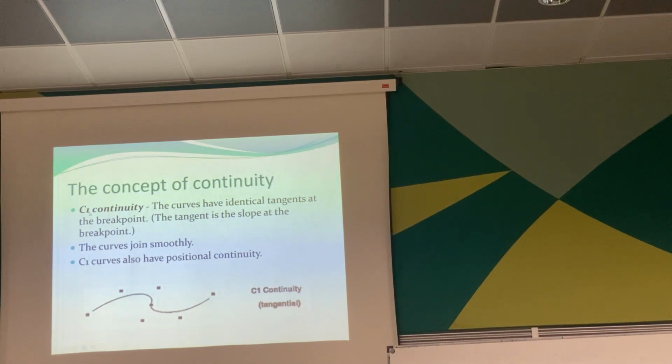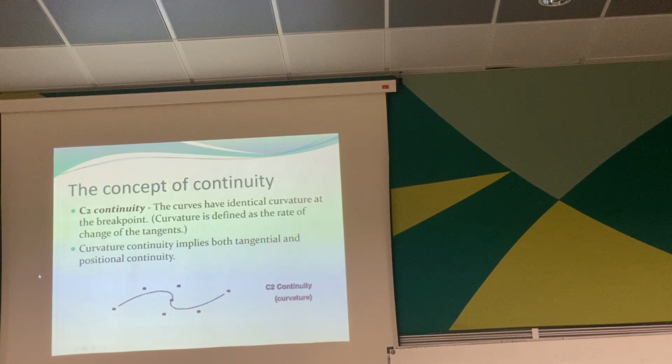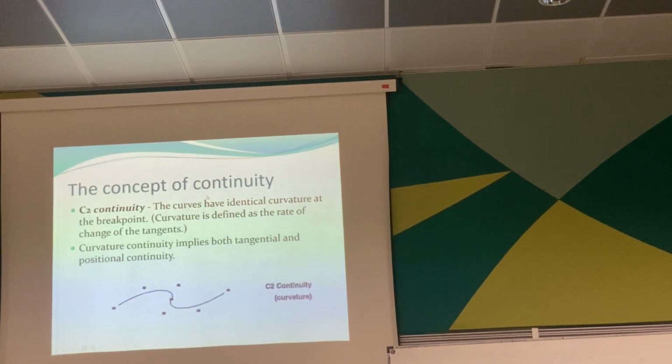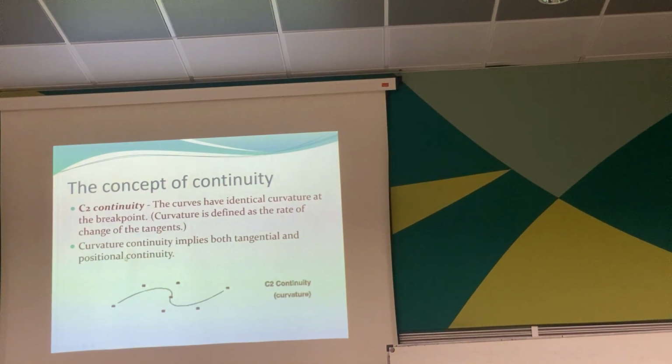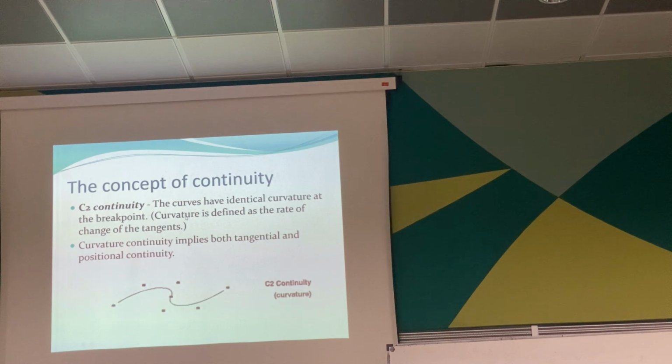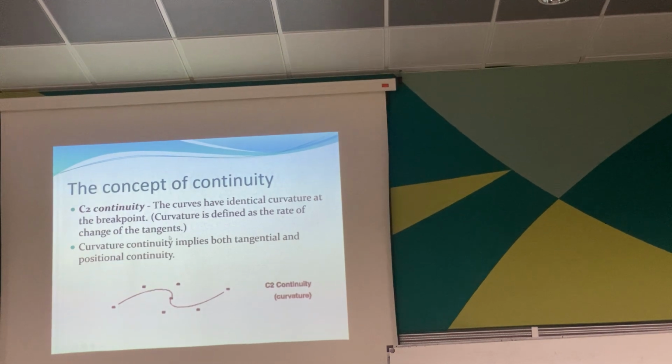The last one is C2, and this is the best continuity. Not only is the position the same and the tangent the same, it also has the same curvature. What is curvature? Curvature means the rate of change of the tangents.